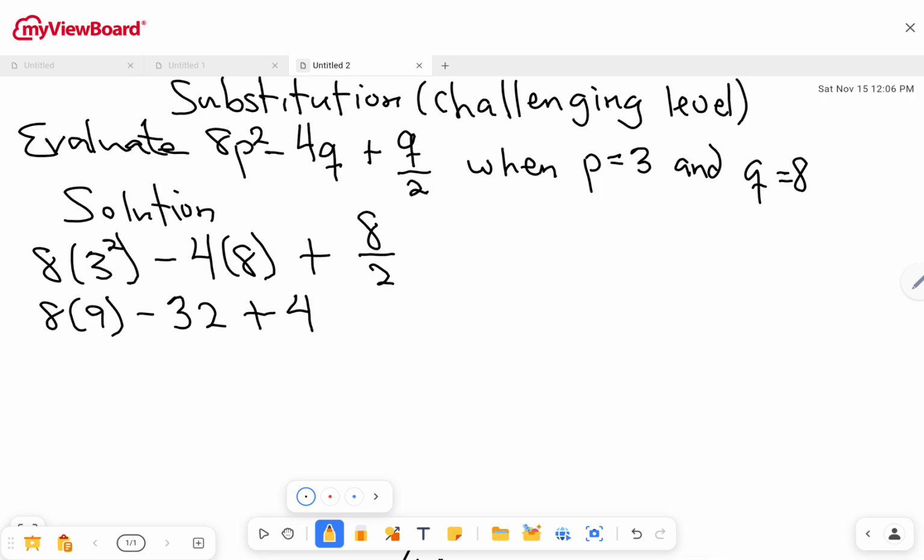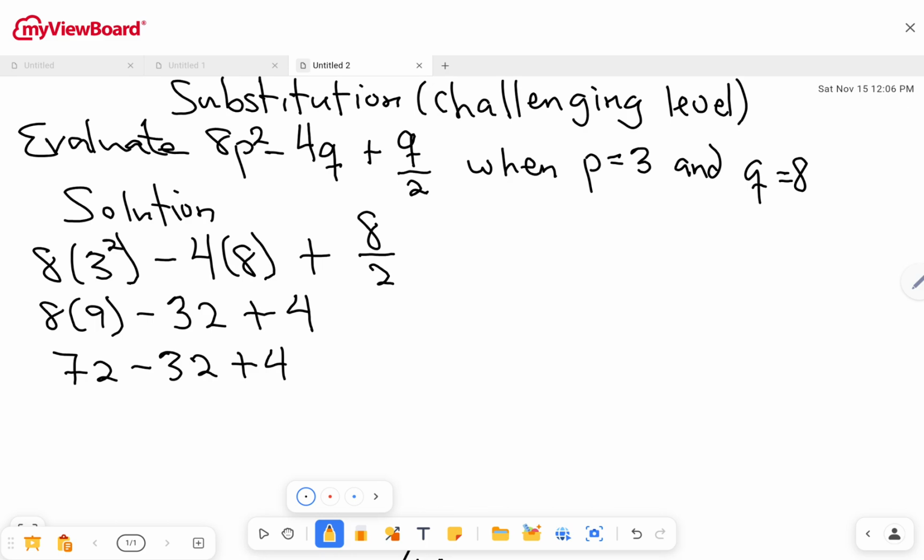So now we have 8, which is multiplying the 9. And 8 times 9 is going to be 72. Then we have minus 32. Then we have plus 4. Now, we have to subtract the 32 from the 72.